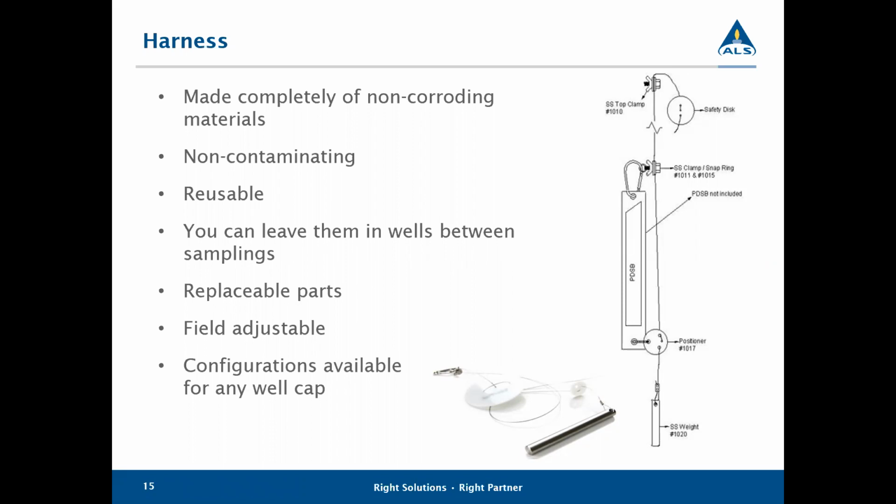We can add multiple different points where passive diffusion bags or RPPs can be hung from. So if you do want to look at different intervals at a 50 foot, at 100 foot, at 150 foot, we can design these and manufacture them specifically for that purpose to be able to fit your particular need. And they always come with a stainless steel weight to help out with getting it into the screen interval as well.